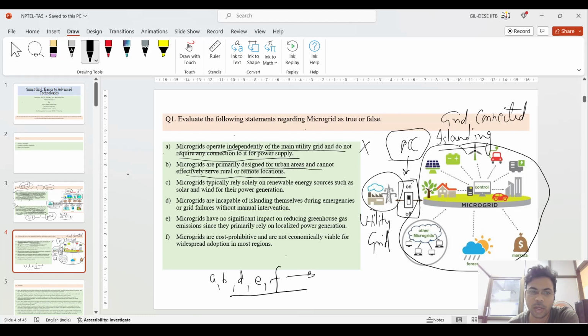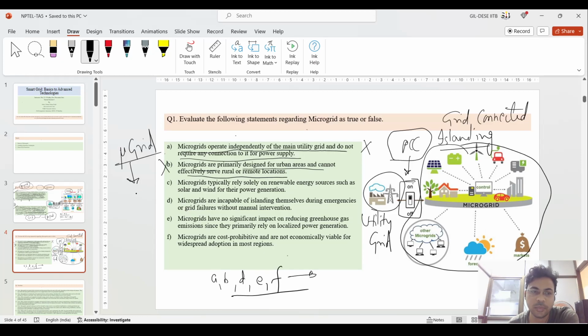Coming to the B part, it says that microgrids are primarily designed for urban areas and cannot effectively serve rural or remote areas. That is false. Why? Because from the name itself, it shows that this is a microgrid setup. So it can act as a separate energy generating source for a rural location where the utility grid cannot be connected, or the power supply cannot reach.